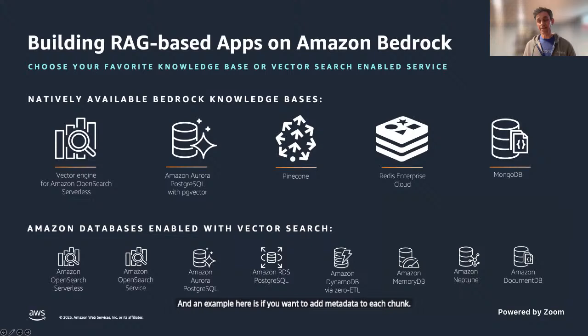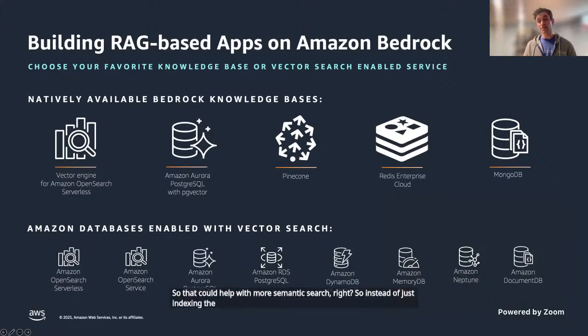That could help with more semantic search. So instead of just indexing the content of the PDF, you can actually supply additional metadata about that PDF, and that'll make it much more likely that it gets pulled in. All that to say, it's very easy to get this set up, but if you want to get in the weeds, you can also get in the weeds with a lot of this stuff.